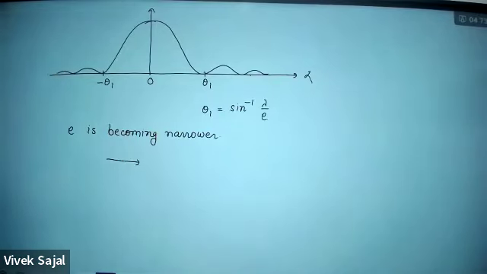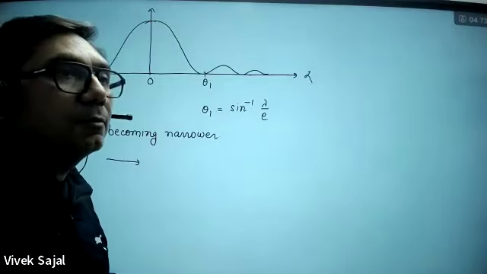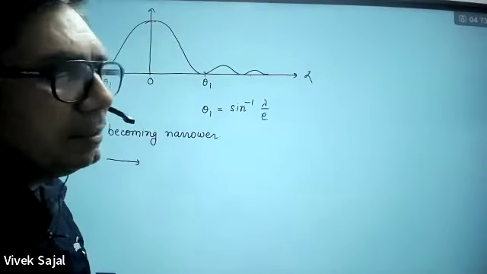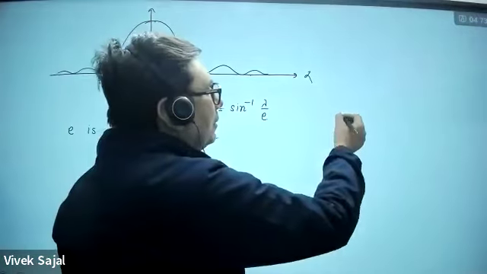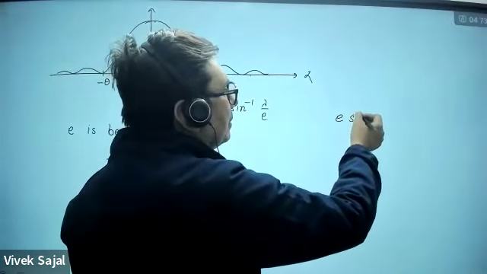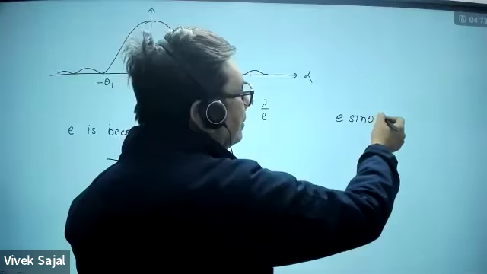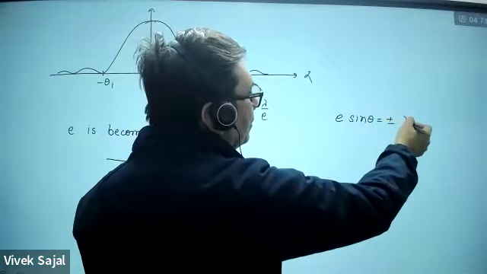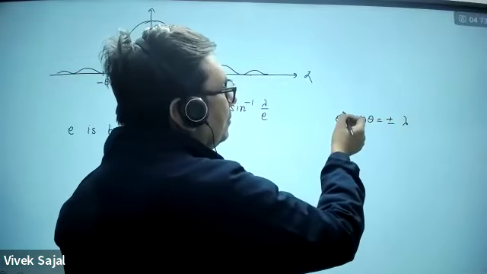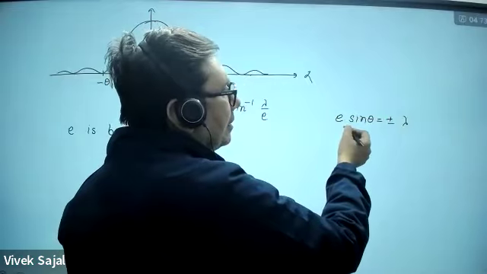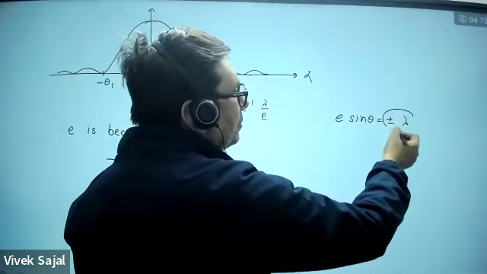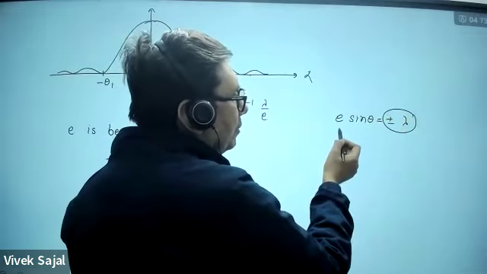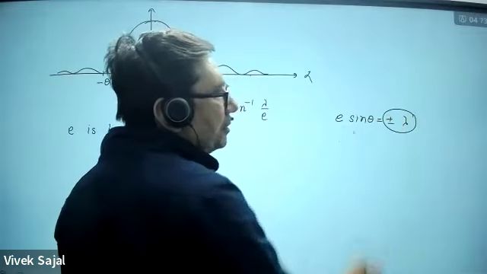What is e? e is slit width. Try to understand in this simple way. This is e sine theta equal to plus minus lambda. If you are making e go down, it is becoming less and less. Right hand side is constant, lambda is constant. So if e is going down, theta is going to increase.